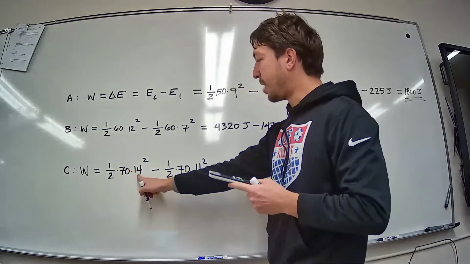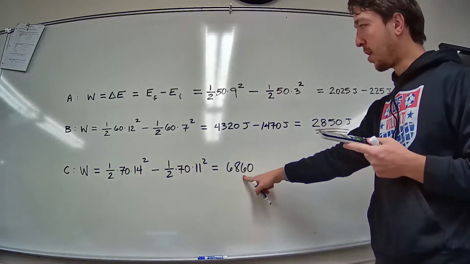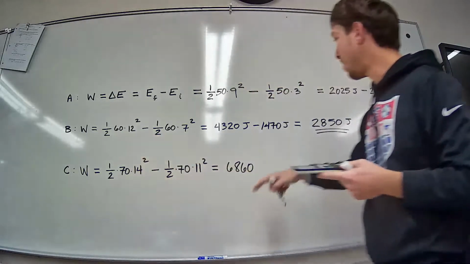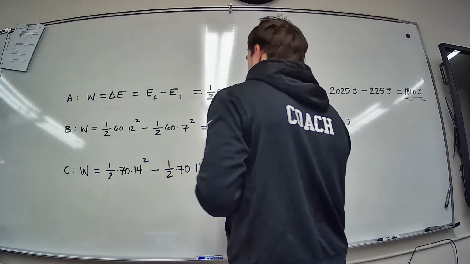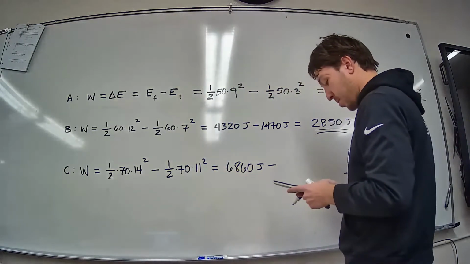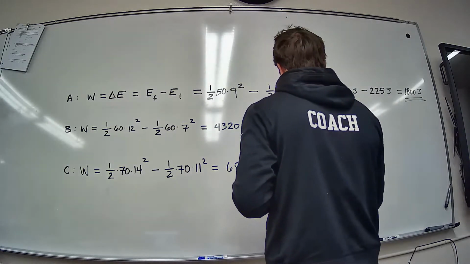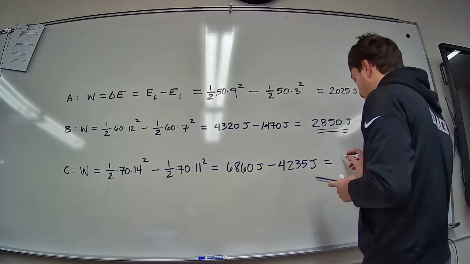Going 14 meters per second, he's got almost 7,000 joules, compared to, say, this guy going 12 meters per second, only 4,000. Anyway, 35 times 121, 4235. Subtract the numbers.